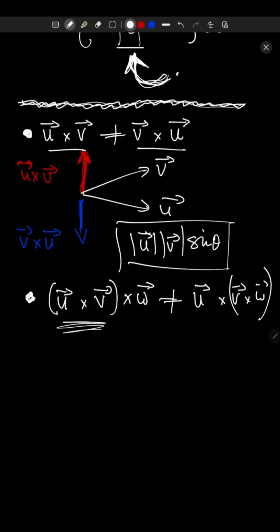If I do u cross v first, I take the result, which is a vector, and then cross it with w, I'll get a vector, but that vector is not necessarily equal to the one I get if I do v cross w first and then cross the result with u. Again, this is unpleasant because normally, 3 times 5 times 10, it doesn't matter whether I do the 3 times 5 first or the 5 times 10 first. Here it matters. Okay.